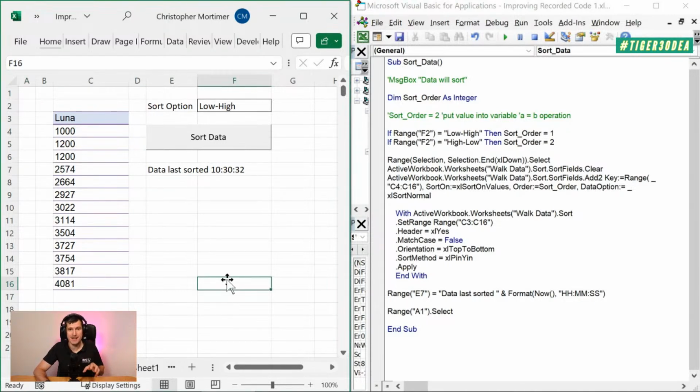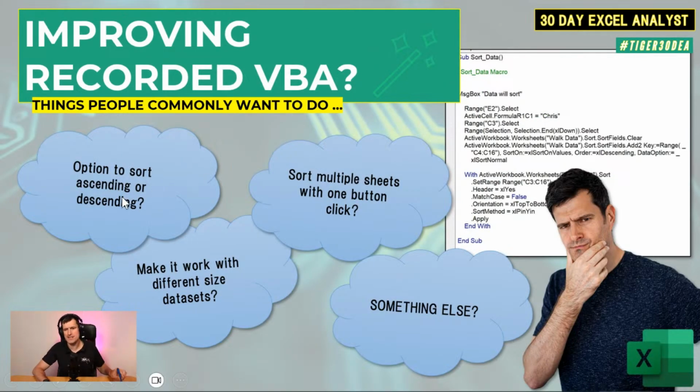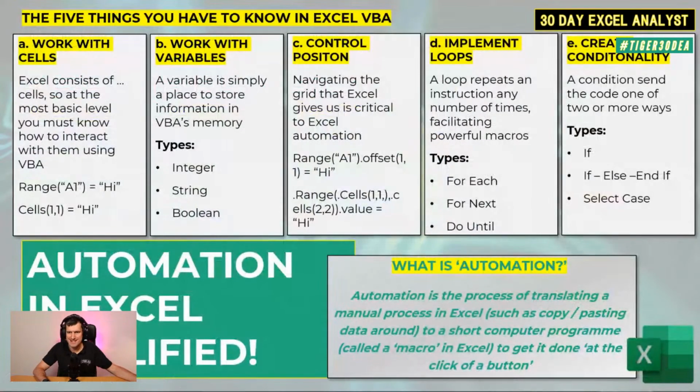Okay, guys, that concludes today's session, but let's just go through what we've done quickly. We've created this option to sort from ascending to descending. And even if it's been very confusing, we've gone very fast today, just go back to this slide and think, okay, what techniques from the 5 skill areas have we actually used? We've worked with cells. We've read values from the spreadsheet.